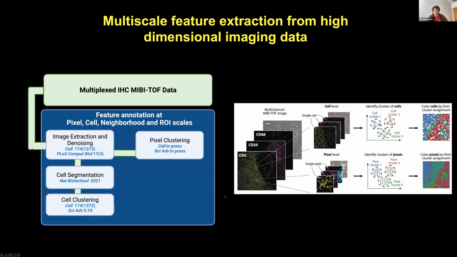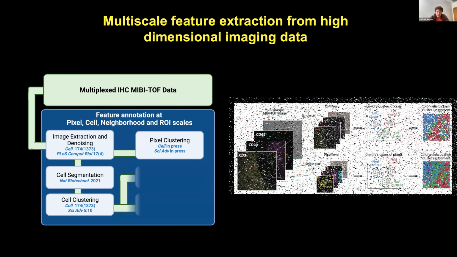We also look at things at the level of pixels, because some features in the image don't map well to a cell by cell analysis. Extracellular matrix is one example. So we also have ways of doing pixel clustering to define a lot of these extracellular features that aren't assignable to single cells.